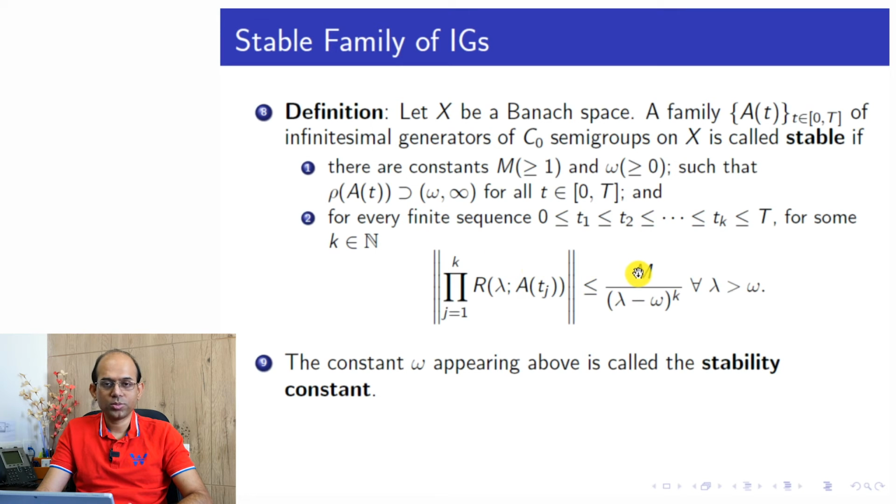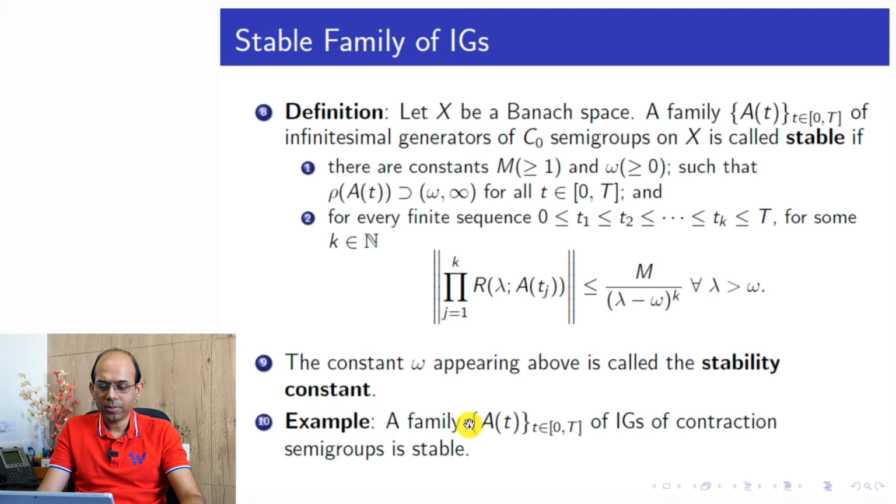So this puts a condition, and if a family satisfies these two conditions, we call that family a stable family. The constant omega appearing above is also called the stability constant. In the Hille-Yosida theorem also we have seen a similar kind of upper bound on the resolvent operator.